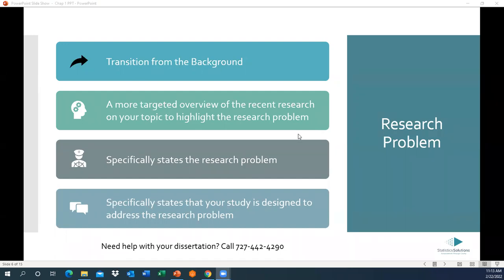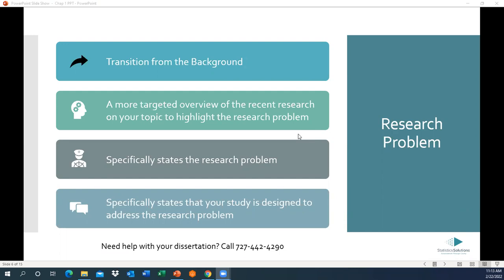Before, you're looking at historical trends, major trends in the research, what's known. This is a little more targeted. Keep the material that you quote recent, because it's important that you show your professors and your readers that the research problem is current.